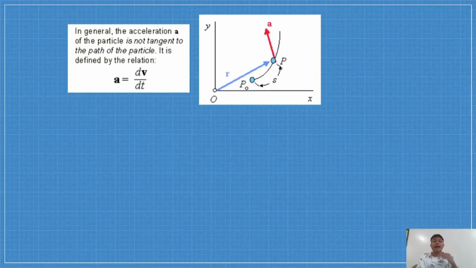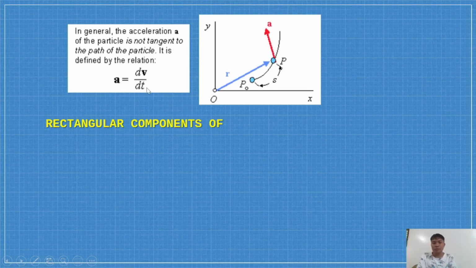In general, the acceleration of a particle is not tangent to the path of the particle, right? Our velocity is tangential but the acceleration is not. Here, this is the acceleration. It is not tangential to the path of our particle. It is defined by the relation a equal to delta v over delta t.